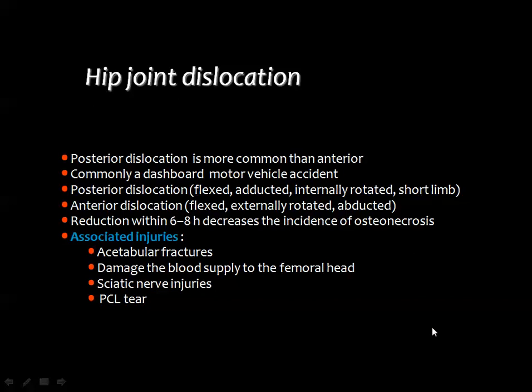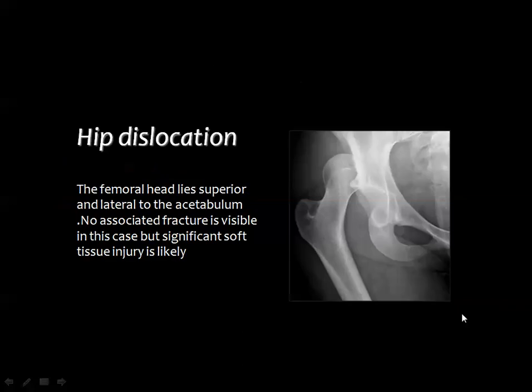And the associated injuries include acetabular fractures, damaging of the blood supply of the femoral head, and sciatic nerve injuries in 10% of the cases, and also injuries in the knee, especially posterior cruciate ligament tear.